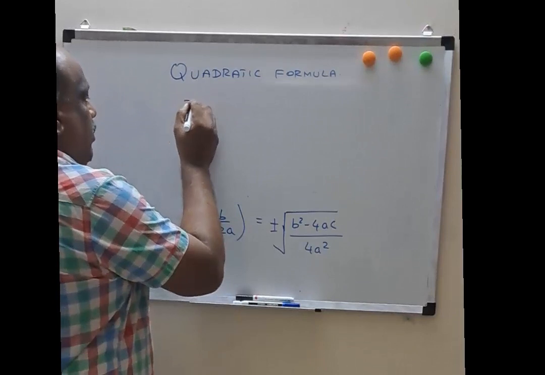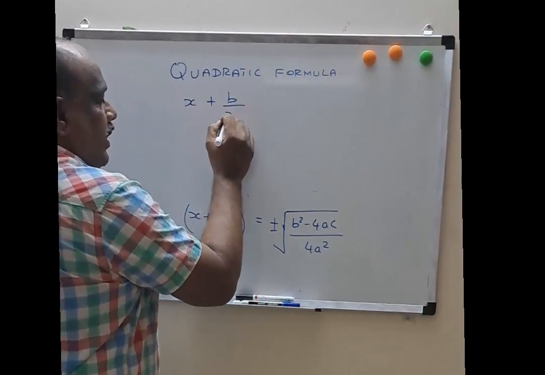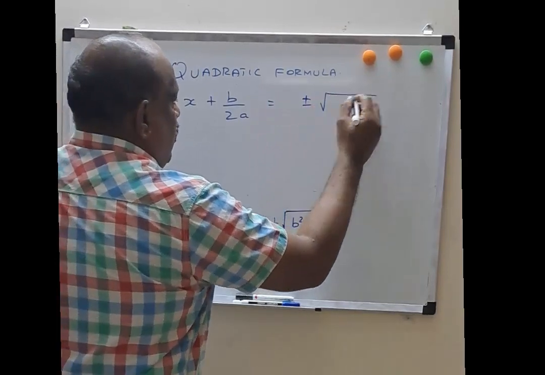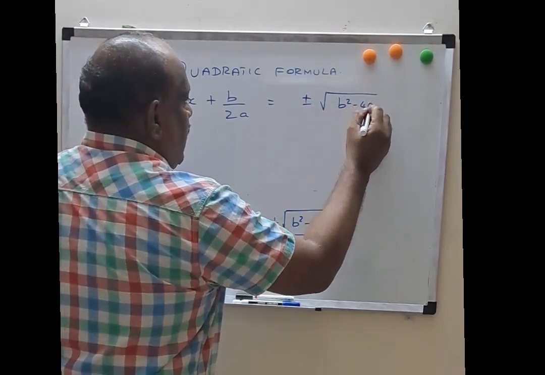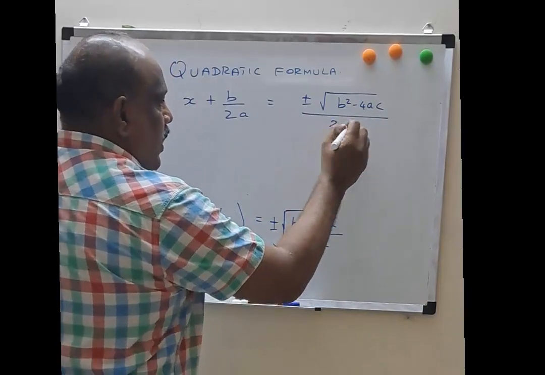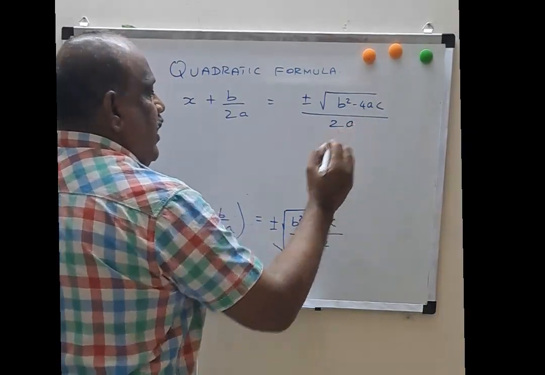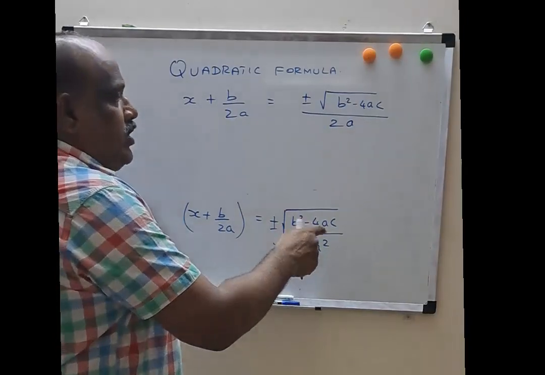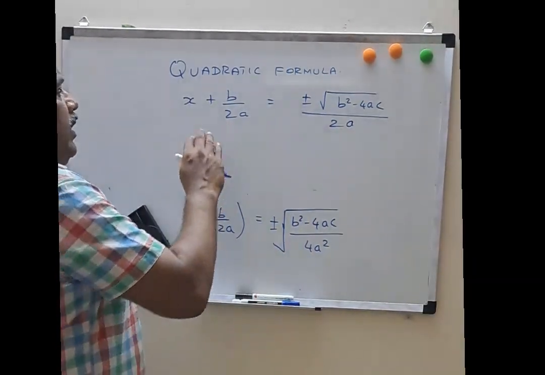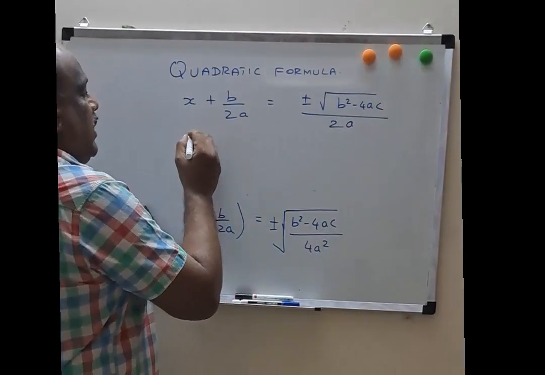So it becomes x plus b by 2a is equal to plus or minus square root of b squared minus 4ac. I can make the denominator: square root of 4 is 2, square root of a squared is a. So the denominator, square root of 4a squared, will become 2a. That's fine. Now let us bring this term to the other side.